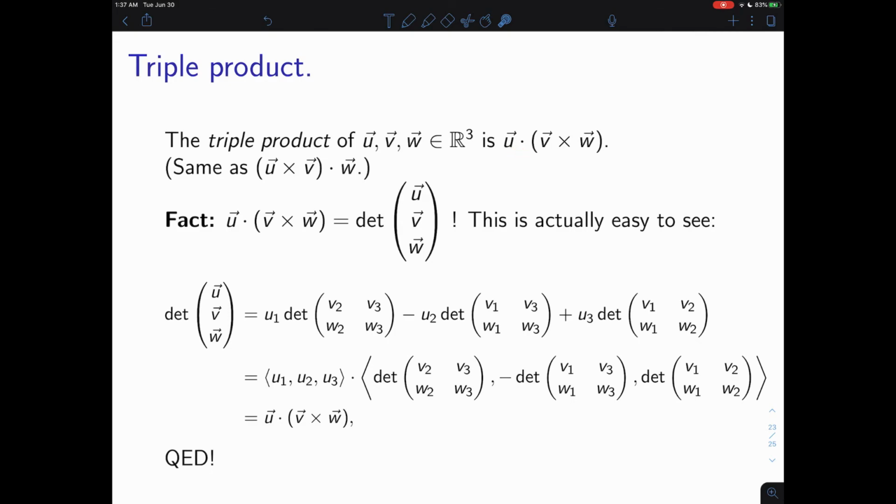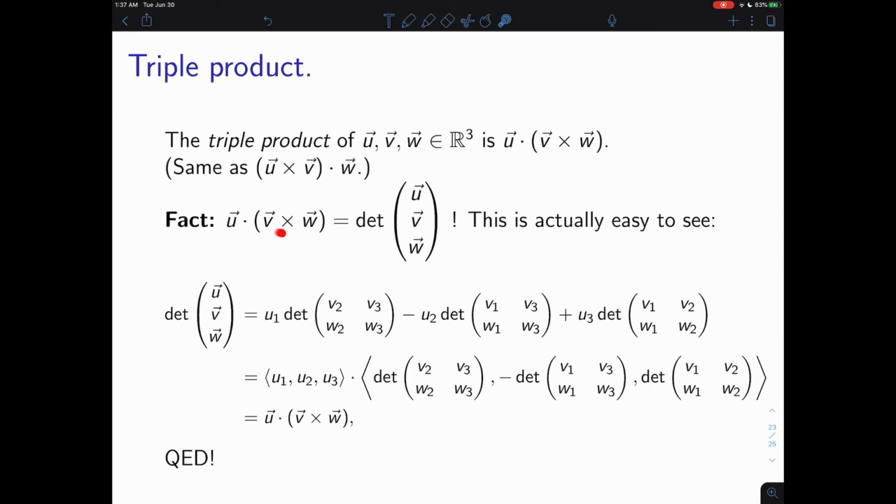The triple product of U, V, W is taking a cross product V cross W and then dotting that with U. So you can see why it's called a triple product, because it takes 1, 2, 3 vectors. Turns out it's the same thing if you cross the first 2 vectors and then dot it with the last one, as it turns out. Maybe not super obvious.